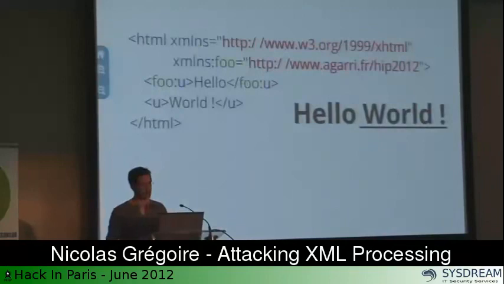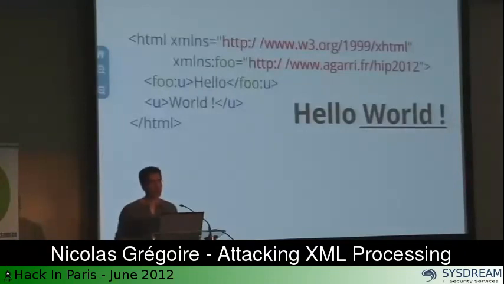That's a very basic example. It's something like an HTML document with 2 namespaces. This is the default one, and this is the full one. The default one is mapped to the official URL of XHTML, and the full one is linked to something private.